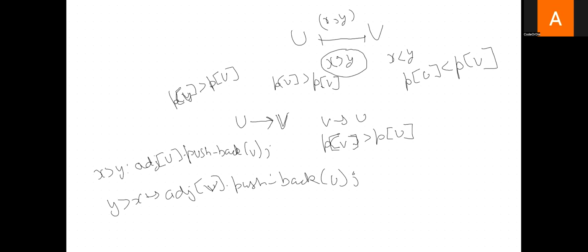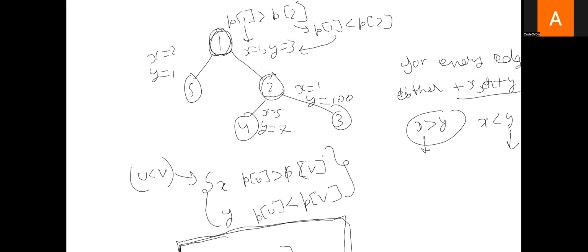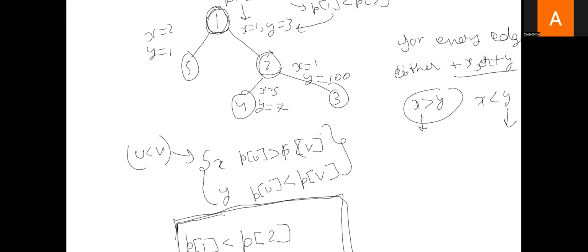Okay. Now here, let's see. In this case, 1 5. Okay, so it's so messy. 1 5, 2 4, 3, and I think here it was 100. I don't remember.